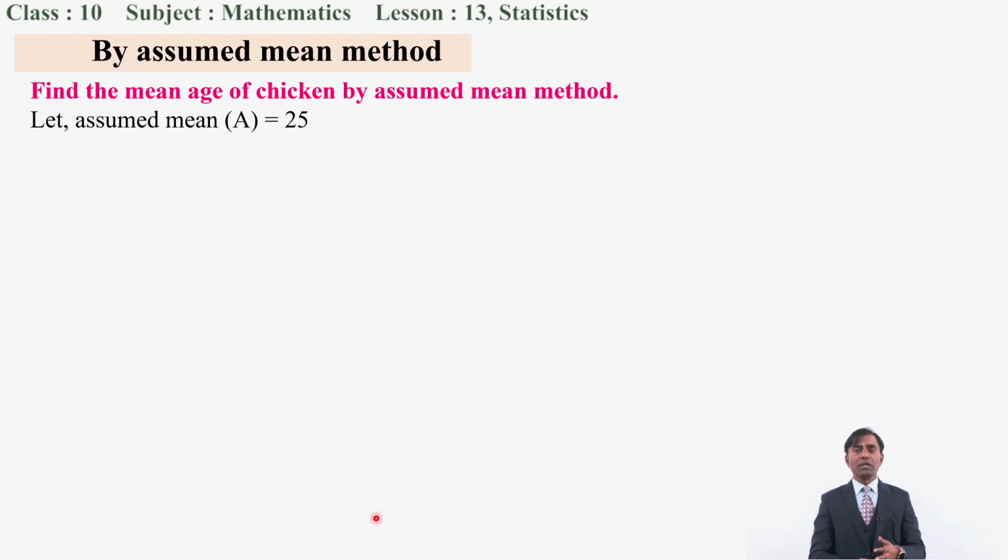The mid values are 5, 15, 25, 35, 45 and 55. We have written in the previous slide, right? Then we can take any value from the mid values, maybe 5, maybe 15, maybe 25, maybe 35. Now I have taken the assumed mean as 25.